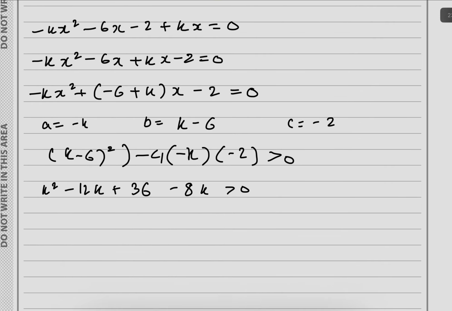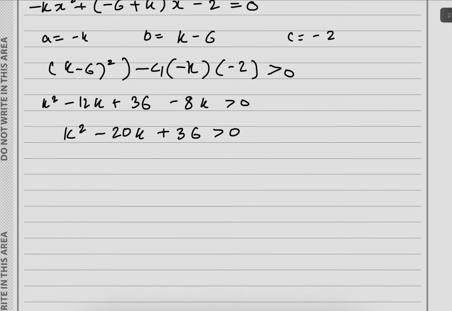So that's going to be minus 8 minus 12. k squared minus 20k plus 36 is greater than 0. And then we can just plug it into our quadratic calculator. 1, minus 20, 36. So we have k is equal to 18 and 2.